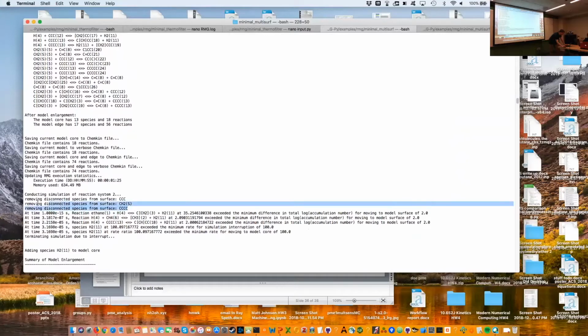As this stuff in the surface moves into the core, some of these species become disconnected from the surface, and we remove them from the surface, because they aren't part of any reaction on the surface, since we've moved the surface reactions to the core.